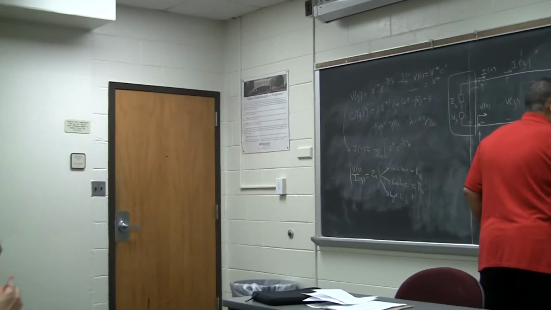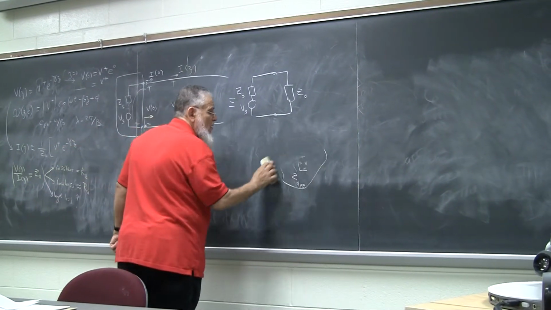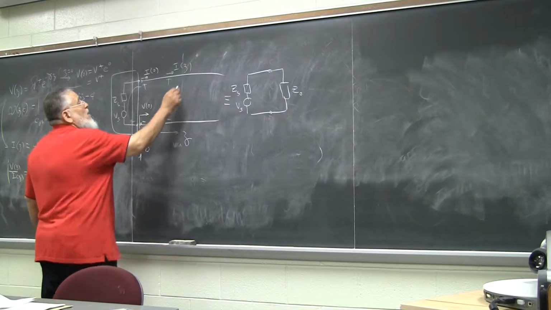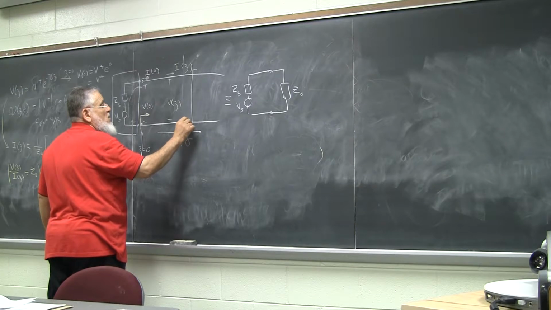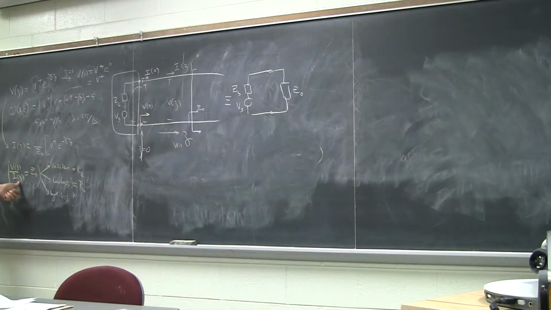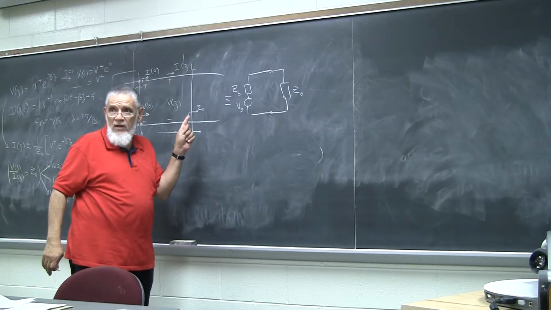If this is my line here, let me erase this part. And say the input impedance at any location is Z0, right? That's what we just concluded here. Anywhere you go on the line, you stand right there and you see Z0. V of Z over I of Z is Z0.